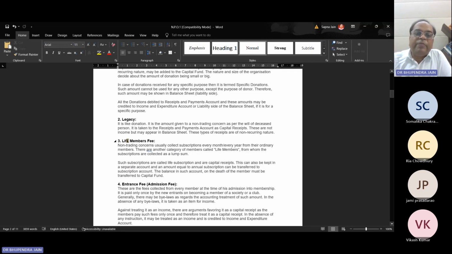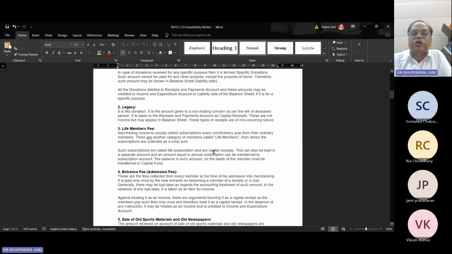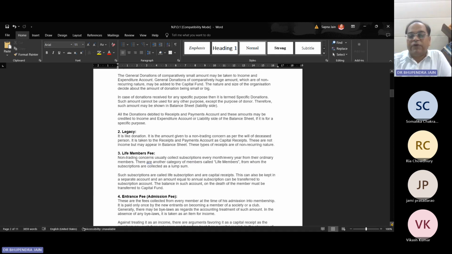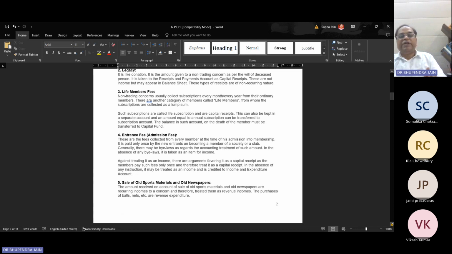Now, if the lifetime membership fee is received, then such subscription is called a capital receipt, and this can also be kept in a separate account, and the amount equal to the annual subscription can be transferred to the subscription account, and the balance of such account on the death of the member must be transferred to the capital fund. Clear? Now capital fund or capital, you can assume both are the same. But we will discuss what capital fund is further, after 2-3 minutes.